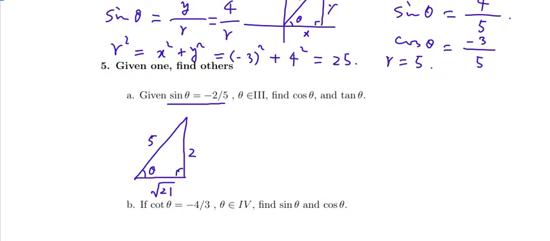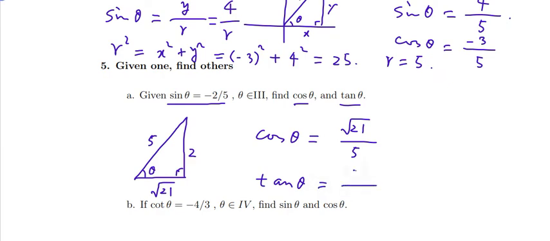Then from here we can find the cosine and the tangent. So from the right triangle, cosine equals radical 21/5. And what is the tangent? Tangent equals 2 over radical 21, right? So from the right triangle, we can easily determine the values for cosine and tangent.